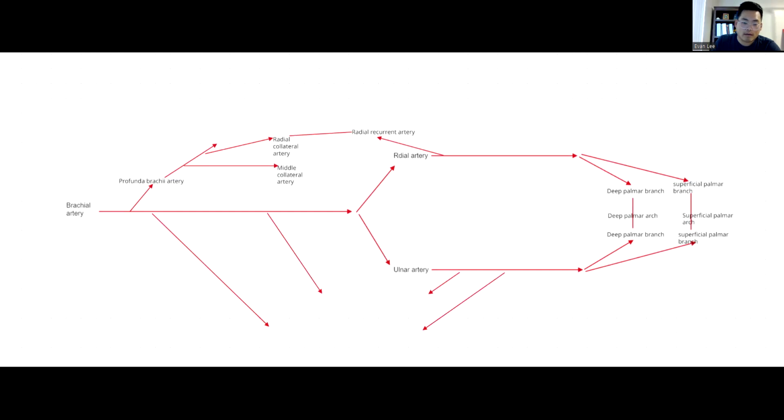So these collateral arteries, there's two of them, one that's higher on the brachial artery, one that's lower. So these will be named inferior ulnar collateral artery, and also superior ulnar collateral artery. Now, unfortunately, we can't do the same naming convention as with these two.